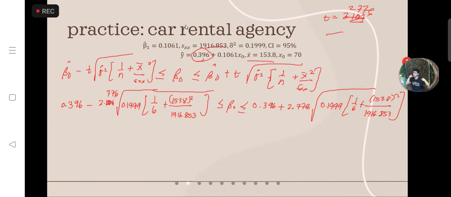Ano na ang zero, miss? What's ito? Yung value? Negative 3.9934. Okay. Negative 3.9934 less than equal to b0 less than equal to, pilang other side?